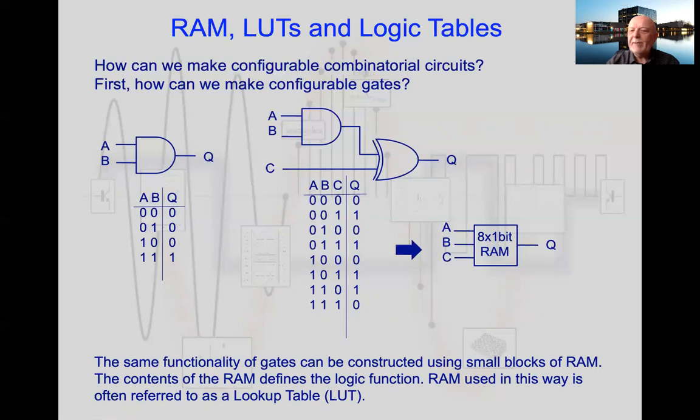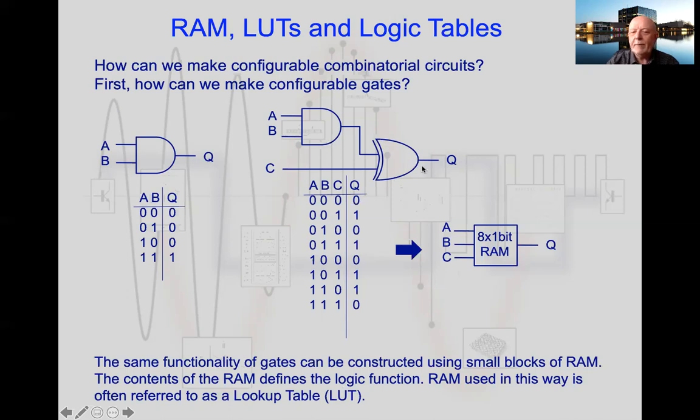In FPGA systems, we're typically used to calling these lookup tables. For reconfiguration, if we want to reconfigure this circuit represented in this piece of RAM, all we have to do is change some of these bits in the RAM, and we've effectively got a different circuit.